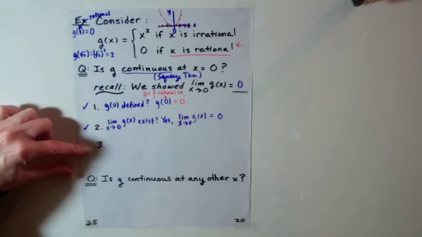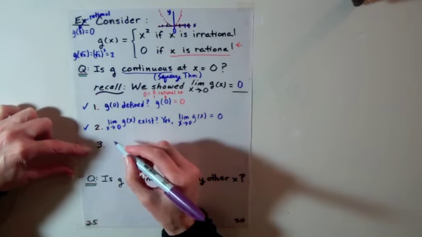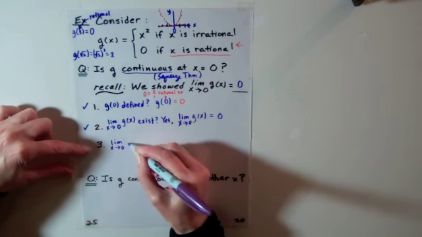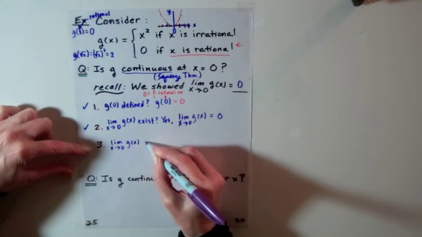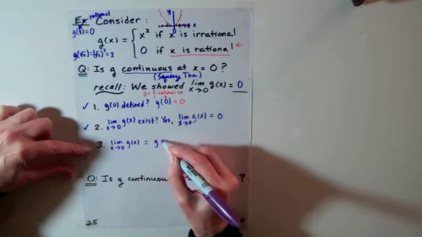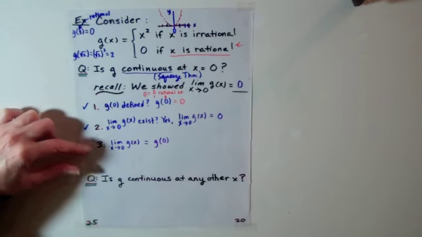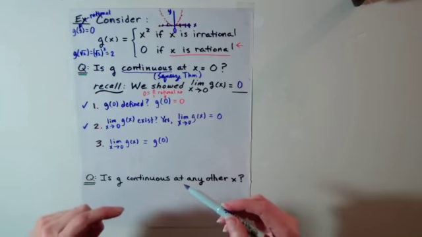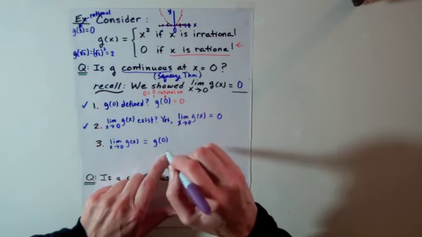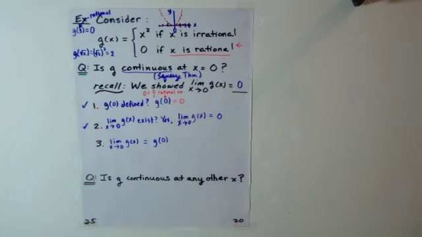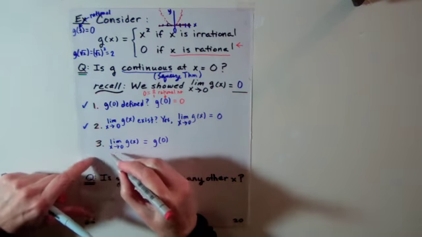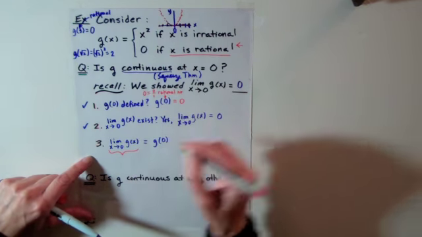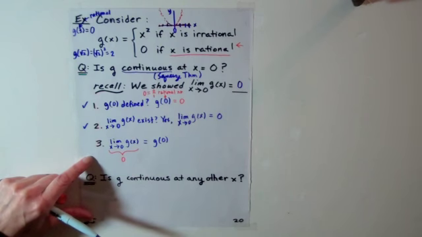Now let's check the third condition in our definition of continuity. The limit as x approaches 0 of g of x needs to be equal to the value of g at 0. So the value that g is getting closer and closer to as x approaches 0 must be the same as the value when we plug 0 into the function g. Is that true? We just said in part 2 that the limit as x approaches 0 of g of x is equal to 0, something we proved in the last video.